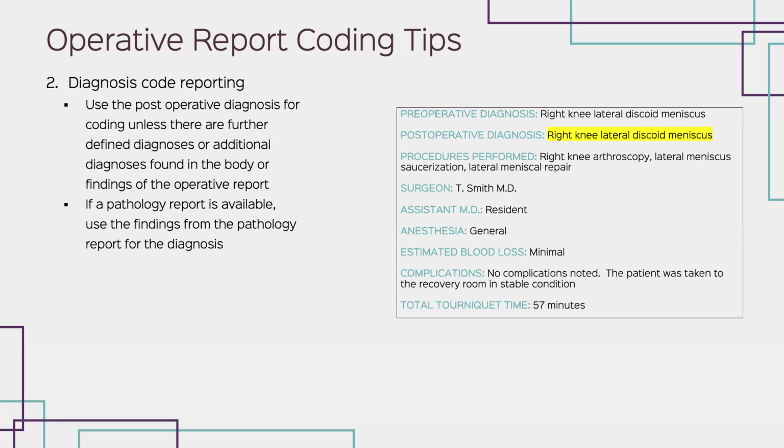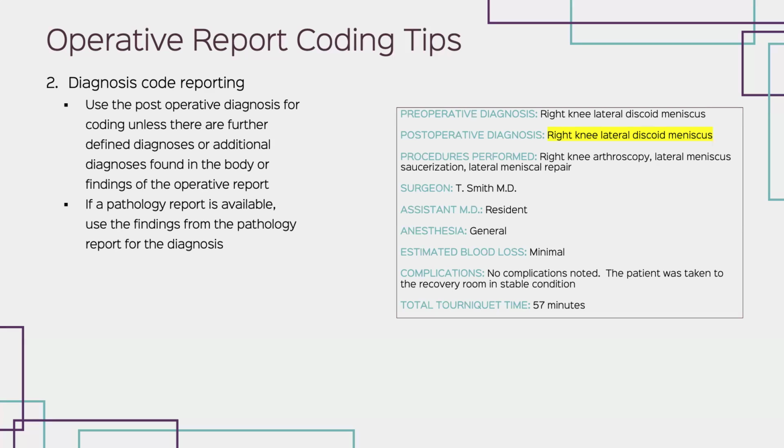Sometimes they're going to be the same, sometimes they're going to be different. So if they are different, we always want to use our post-op diagnosis because that's going to give us more definitive detail about why the procedure was being done. So we could go in thinking that it's one thing.